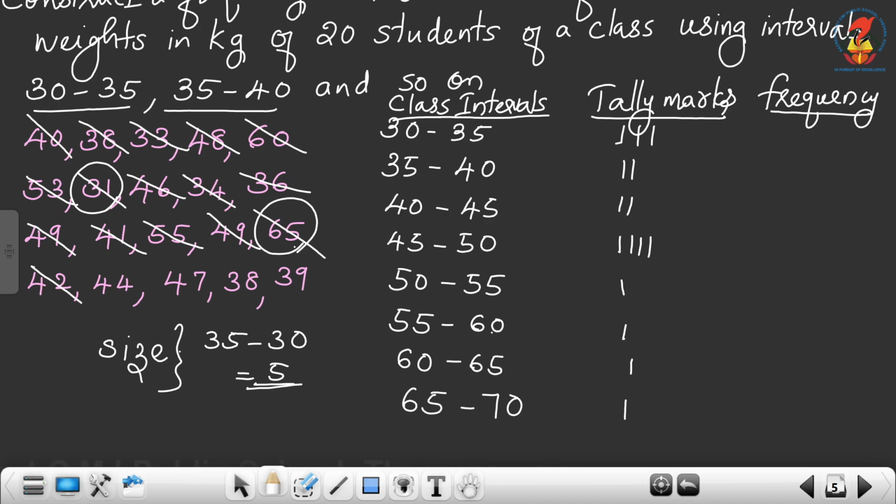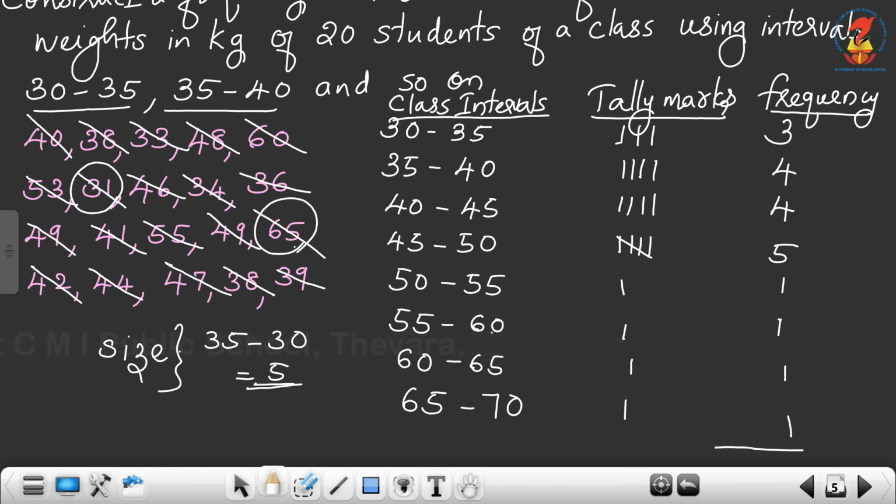Then 42, 44, 47, 38, 39. Now we can count the total number of tally marks against each class interval: 3, 4, 4, 5, 1, 1, 1, 1.